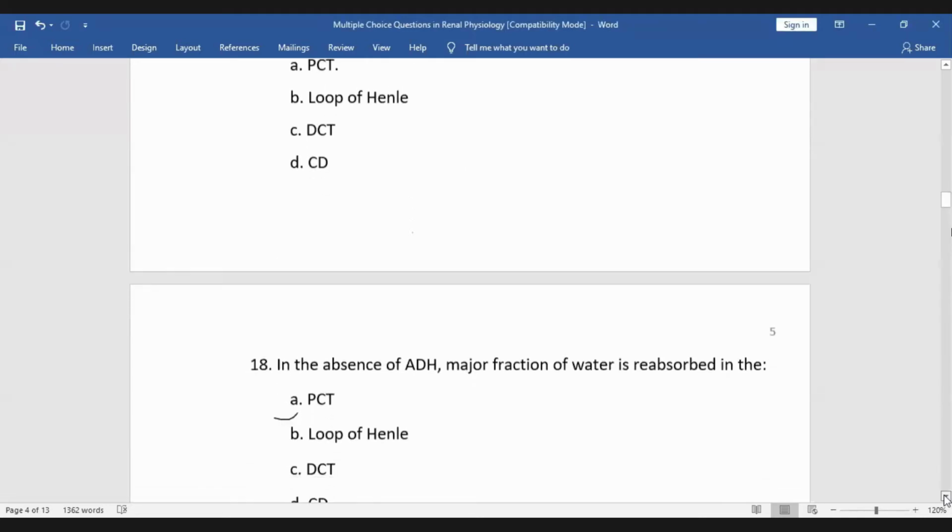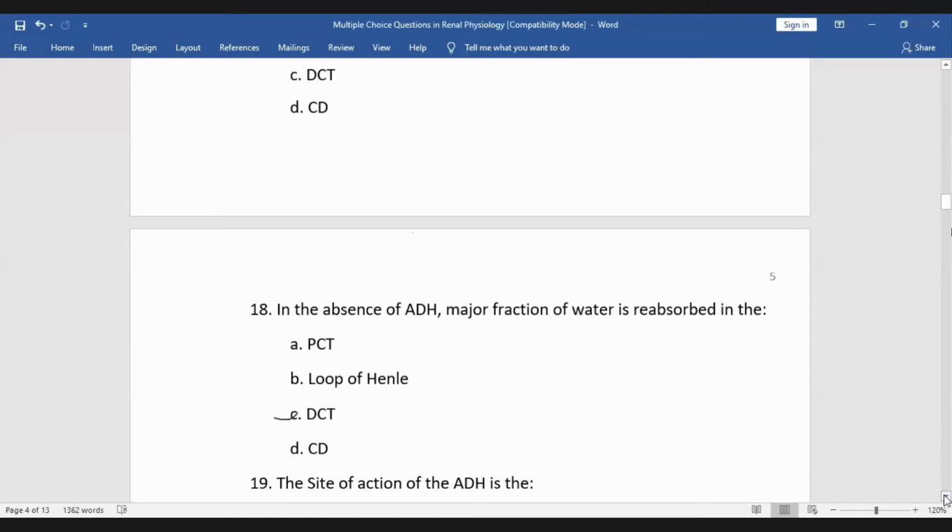Now, the same question again: in the absence of ADH, major fraction of the water is reabsorbed where? Again in PCT. So whether ADH is present or not present, most of the water is reabsorbed in the proximal convoluted tubule.